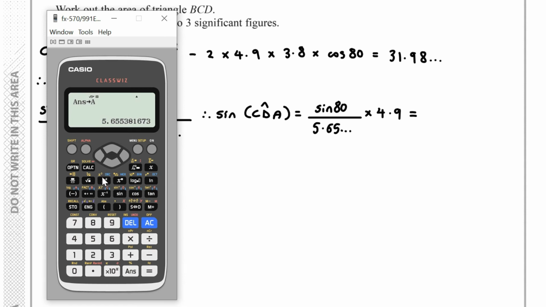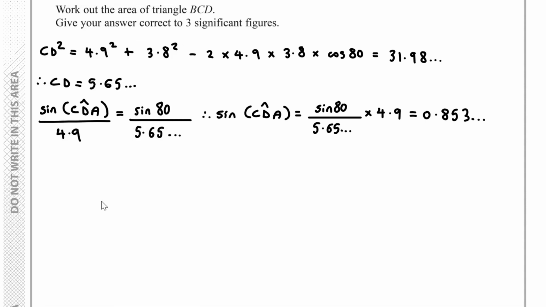So let's work this out. We've got the sine of 80 over this answer multiplied by 4.9, which is 0.150, etc. If we work this out again, we've got 4.9 multiplied by the sine of 80 over this value of A. So sorry, here we get 0.853, etc. So the inverse sine of this is 58 degrees.